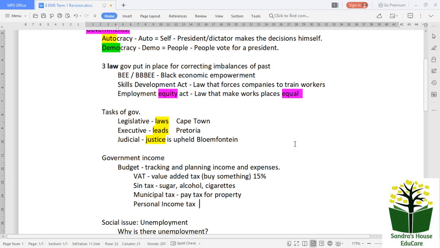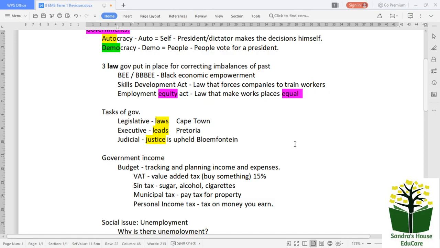Then personal income tax is the income that you earn per month. So on all the money that you get in for salary, wages, selling things, whatever you do, even getting gifts, it's a personal income and you have to pay tax on that. The tax depends on your earnings per month.